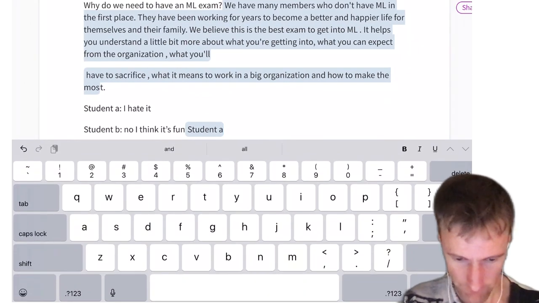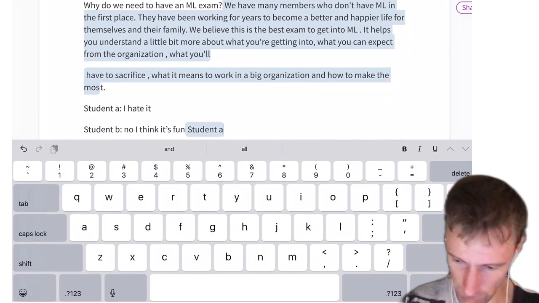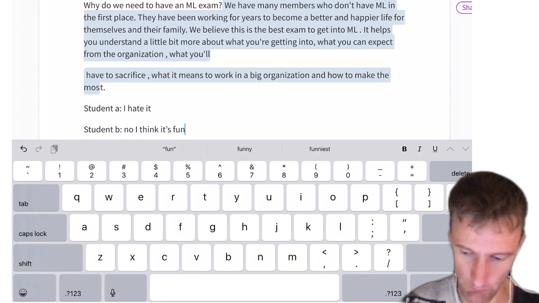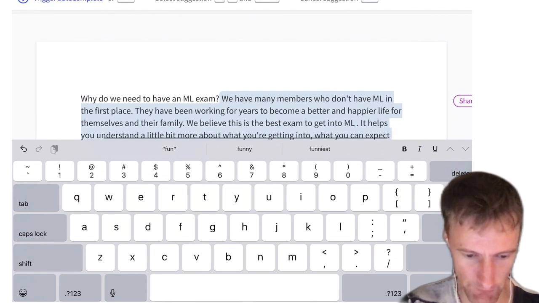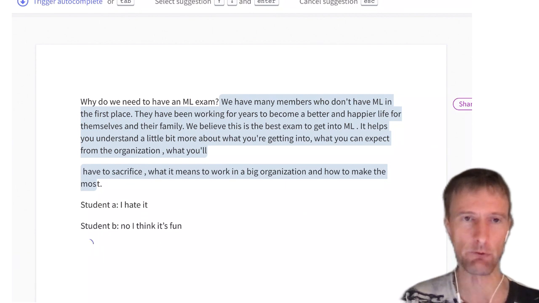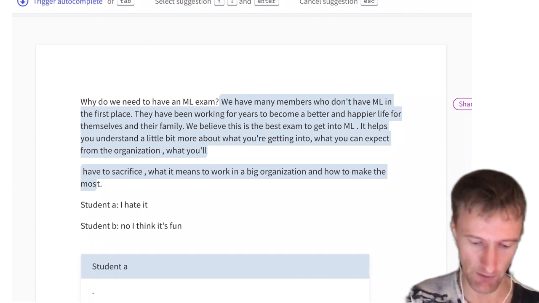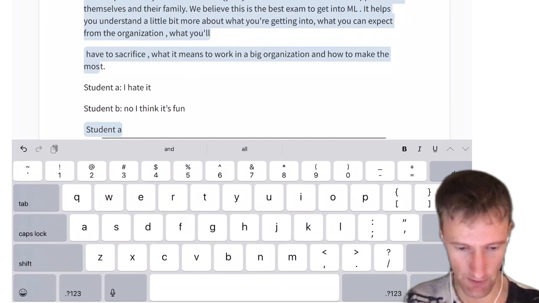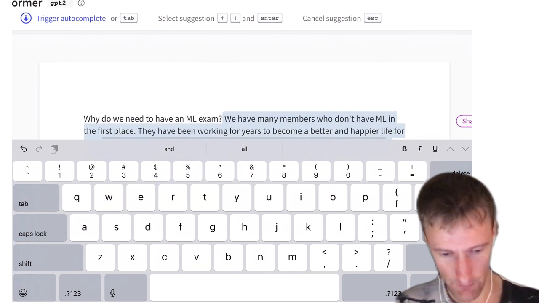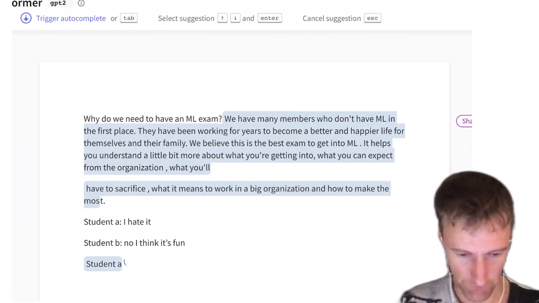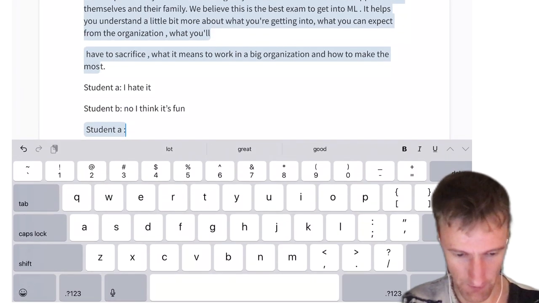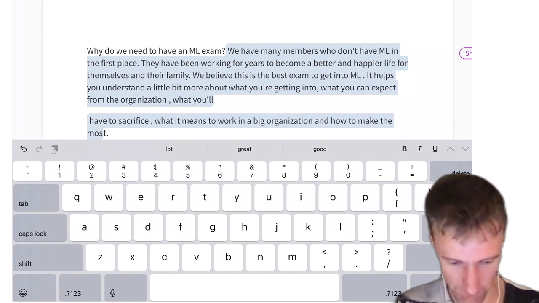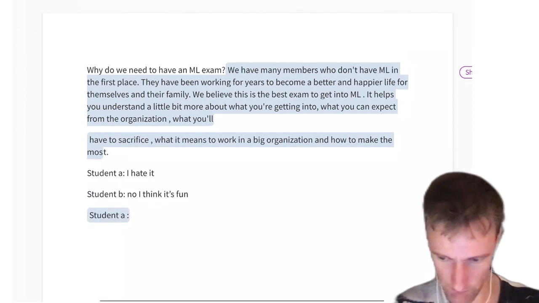I'm just making a new line here because it doesn't seem to get that. So it was actually continuing correctly. It was saying student A was saying something and student B was saying something. So now it gets to: okay, now student A is talking again. What's going to happen next? It's a bit slow. Ah yeah, there's a colon. And does anyone know how I can get rid of this keyword?